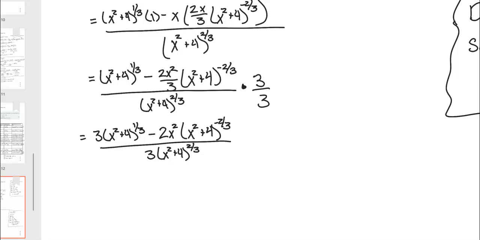So now let's factor. This term and this term have that group in common. And remember, we're going to pull out that group to the smallest exponent. So we're going to pull out x squared plus 4 to the negative 2/3. And then we're going to talk about what's left over.